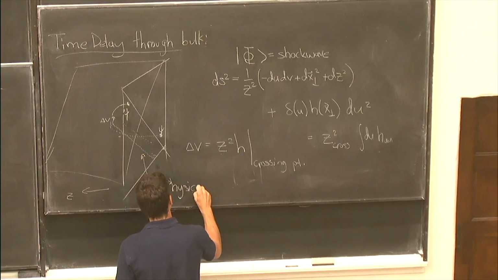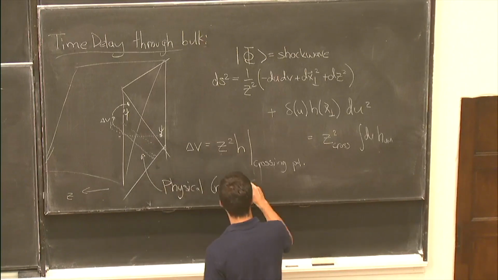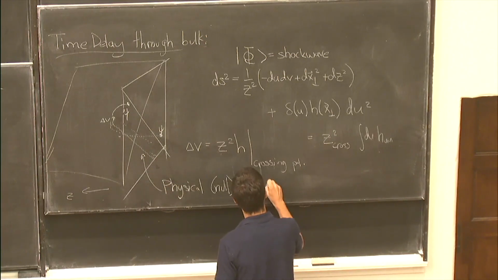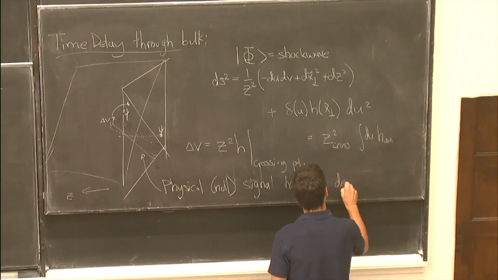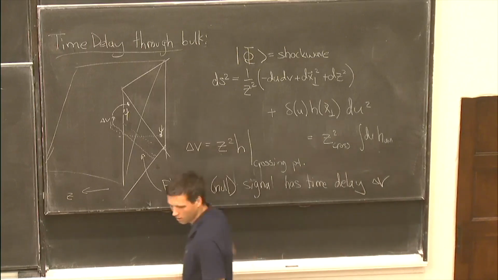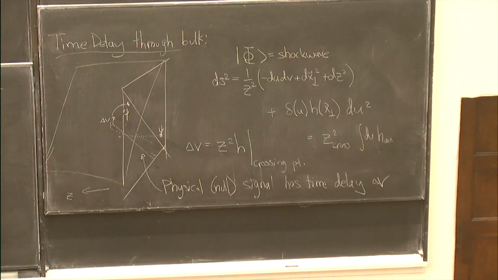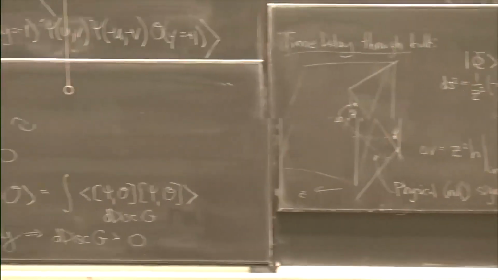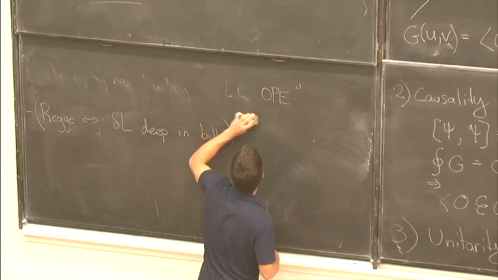The physical signal, which you can think of as a null geodesic, has time delay delta v. And if you are sending a physical signal, then it better not have a time advance. It better have a time delay.